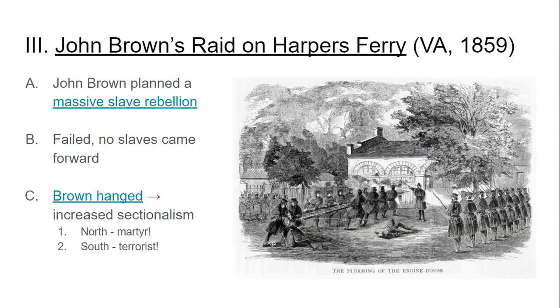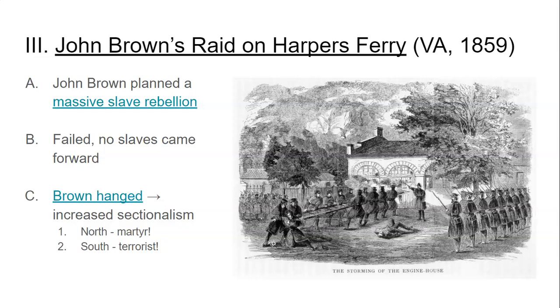So he and his sons, and I think a few other people, they go to the arsenal in Harper's Ferry. They raid it. They are planning to take the guns, but the next thing you know, it's surrounded by troops. And there's a shootout, there's a standoff in which John Brown's sons are actually killed, and John Brown is arrested.